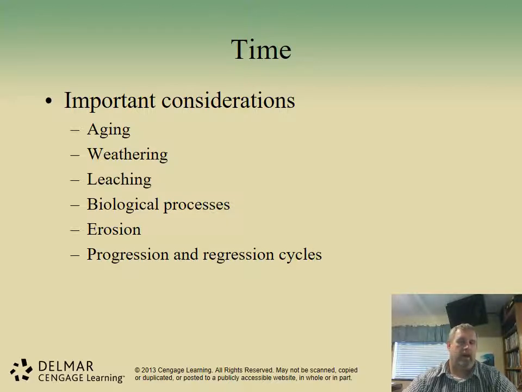I'm going to be posting a video about the Dust Bowl, and it's kind of an interesting video to watch. And if we think about time, many of the factors that happened with the Dust Bowl was mismanagement of the soils. We got greedy. We wanted to produce more and more crops, so we started to plow under more and more soils.